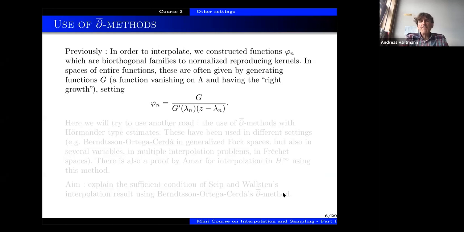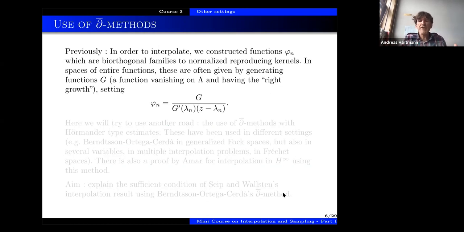So previously, and this was my first slide from the first day, Lagrange interpolation means you construct a function vanishing in all the interpolation nodes, if you have finitely many, and equal to 1 in one point. From this, you can construct interpolating functions easily for polynomials.